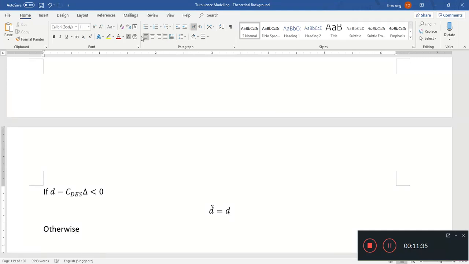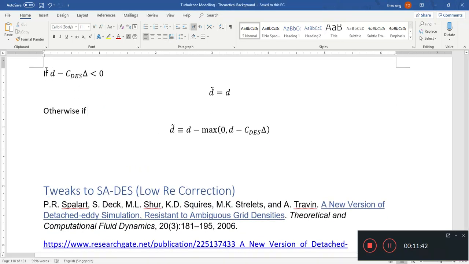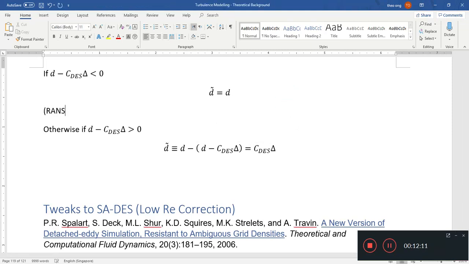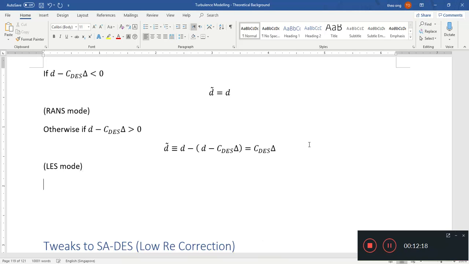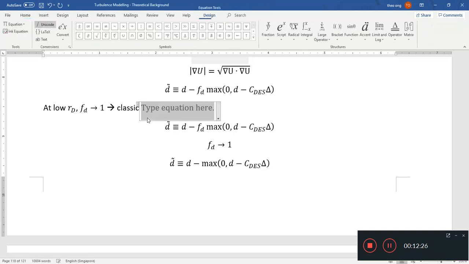Otherwise, if it's more than 0, you will just get CDES delta. And what does this mean? This is RANS mode, and this is LES mode. So what do we have when FD equals 1? We have classic DES behavior.